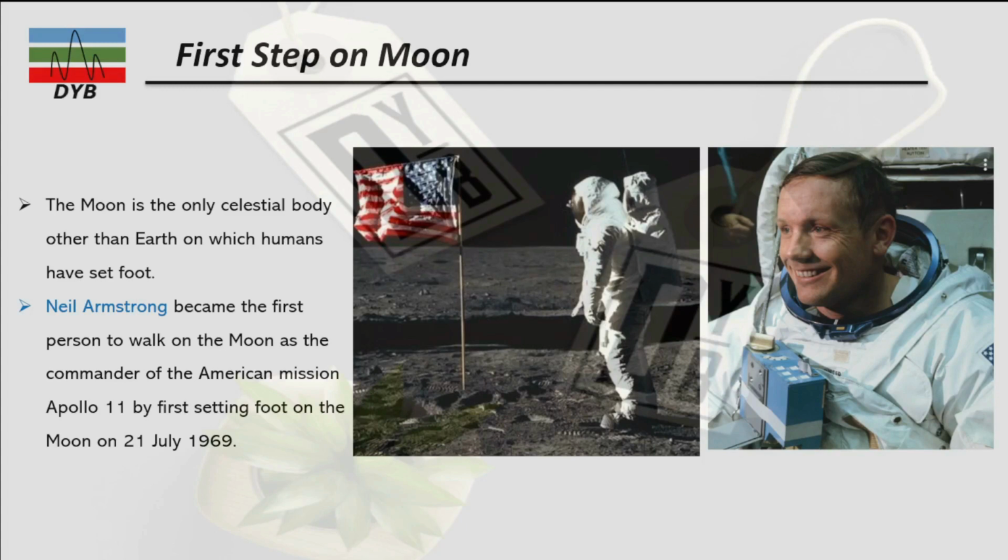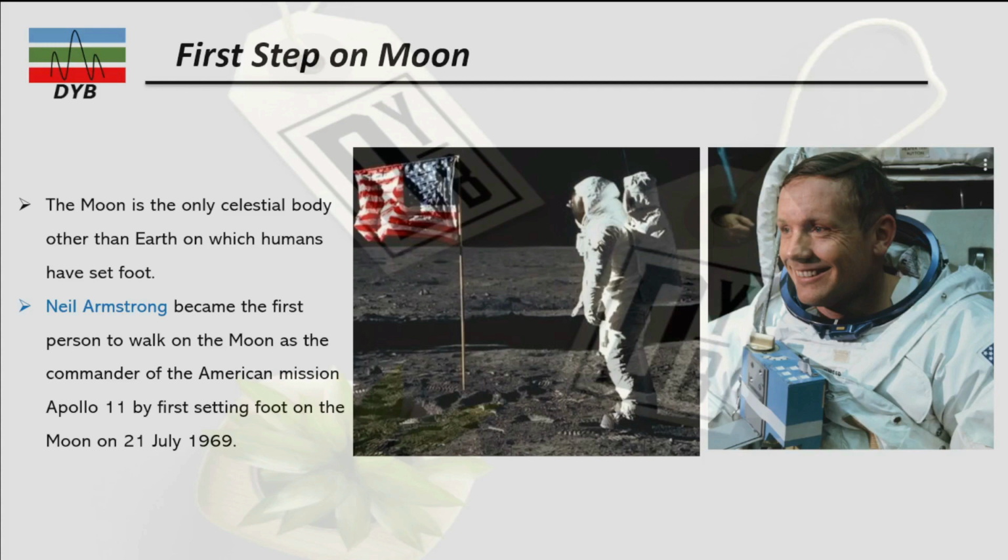So let's look at the first person who stepped on the moon. Just to make you sure, the Moon is the only celestial body in our solar system other than the Earth on which humans have set foot. There are some other planets which we have explored, like Mars, but still we don't have any human step on the other planets or any satellites.